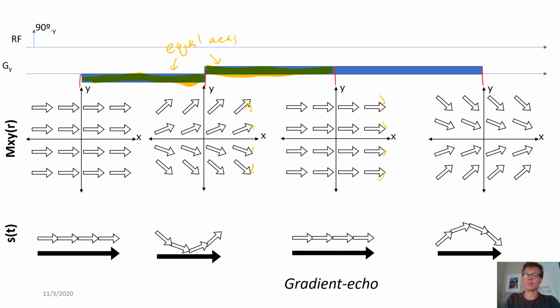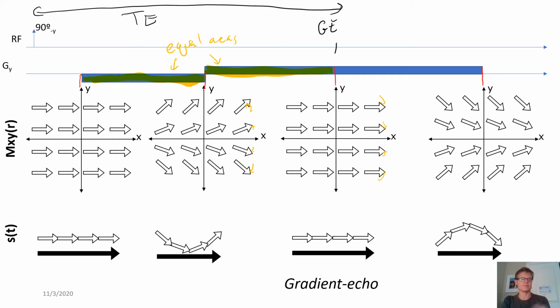And this is the time that is referred to as the gradient echo, is when the effects of the gradient are canceled out, and that's where we usually define our echo time to be, in the case of the gradient echo sequence, the gradient echo.